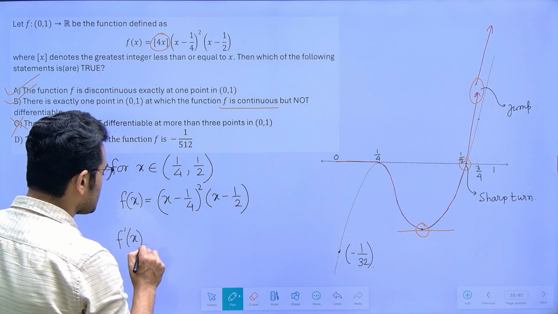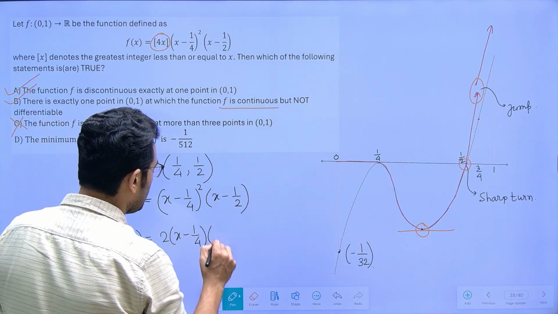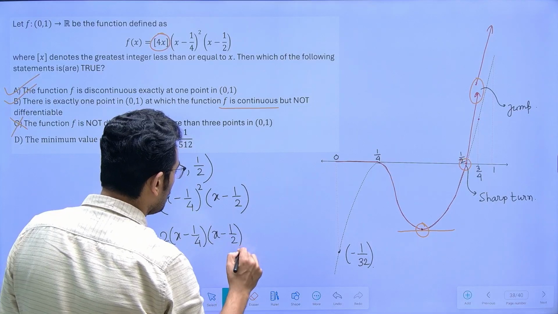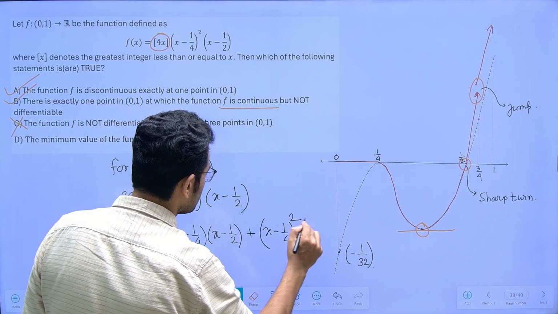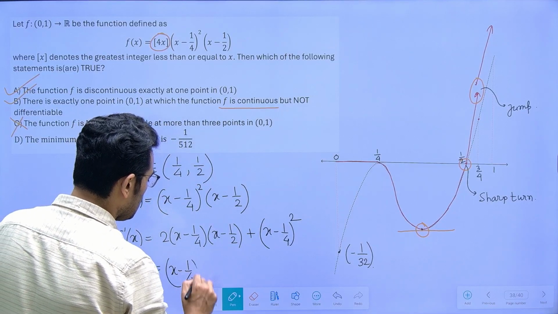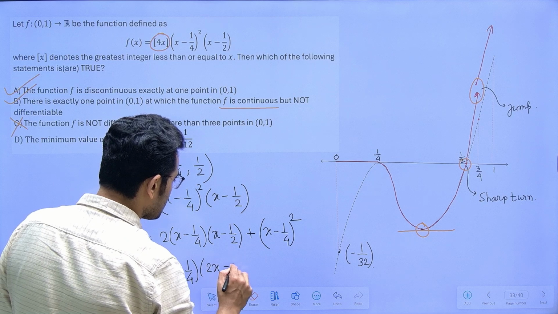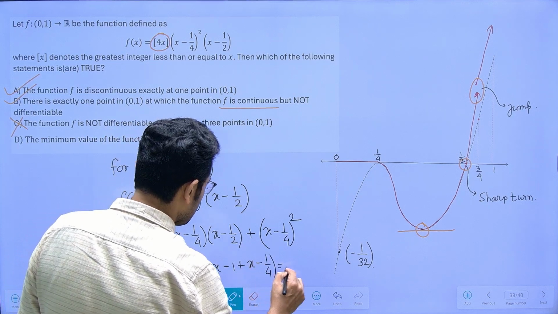So f dash x is equal to 2 into (x minus 1 by 4) into (x minus 1 by 2) plus (x minus 1 by 4) square. This is the derivative. If I factorize (x minus 1 by 4) common, it will be 2(x minus 1 by 2) plus (x minus 1 by 4). So the derivative is becoming 0.